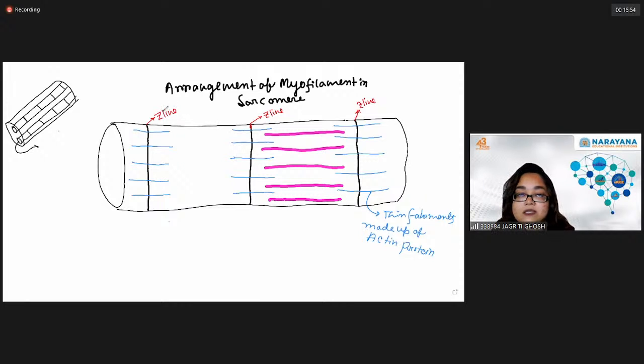So this is thin filament. Similarly, let us see this side. This side is also having thick filaments.